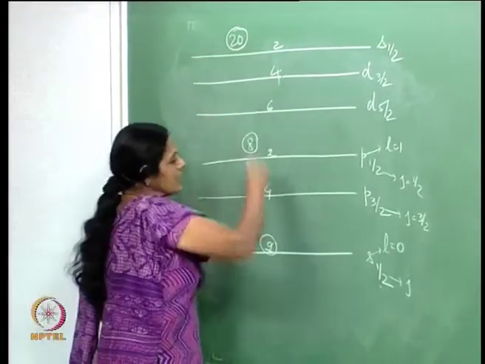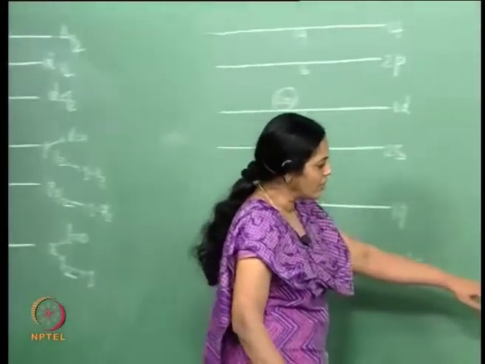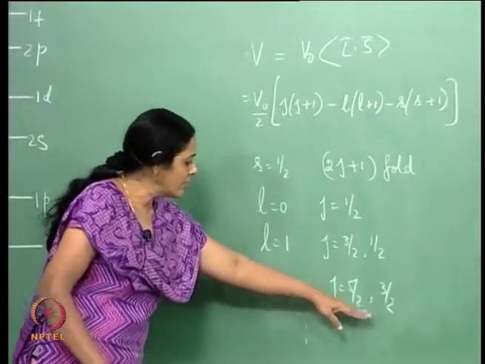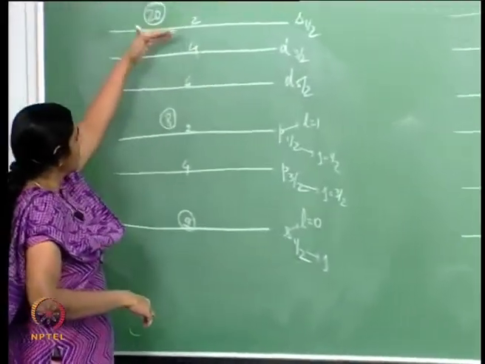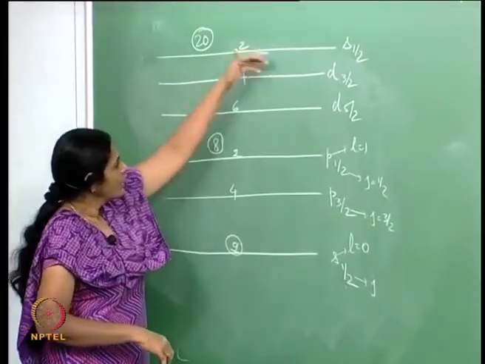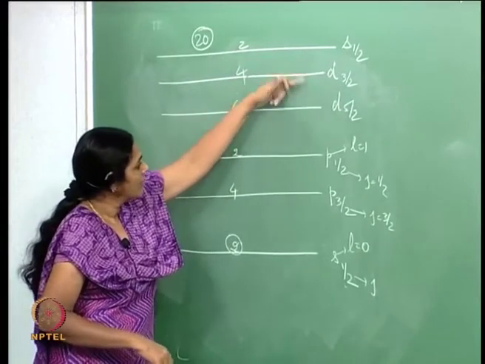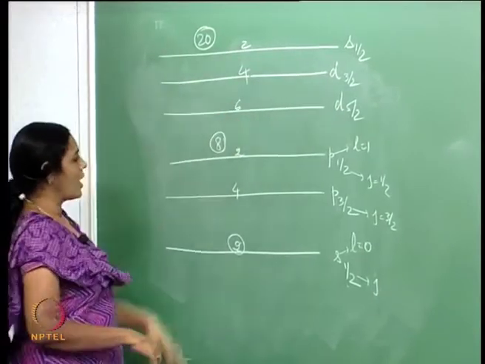Without going into further details, we can now go for L is equal to 3 and that gives me various values of J. You can put that in and you will find that various levels like the S state coming in here after the D's, such things also happen.